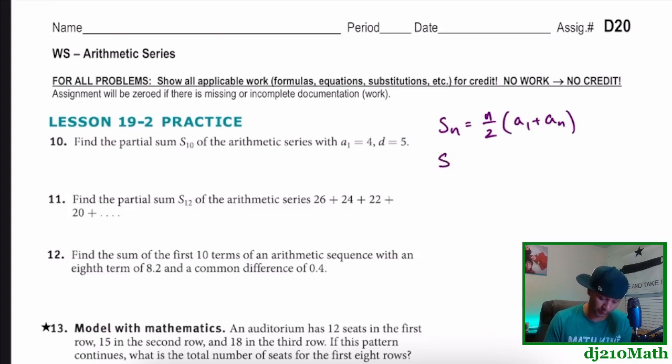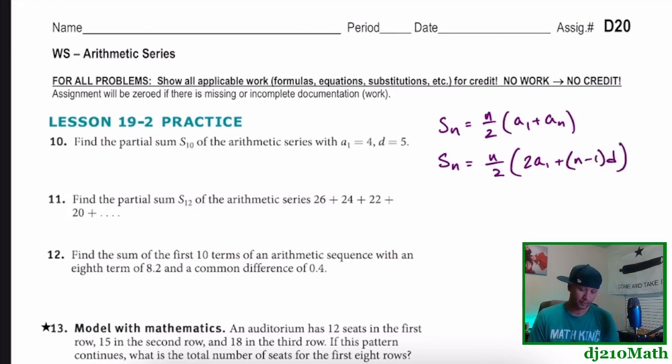Another useful formula is this right here: n over 2 times 2a sub 1 plus n minus 1 times the common difference. So these two, whichever one is handy at the time.